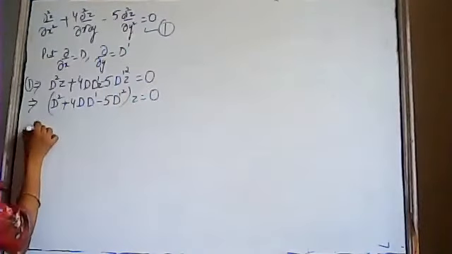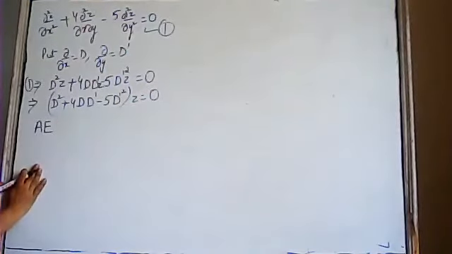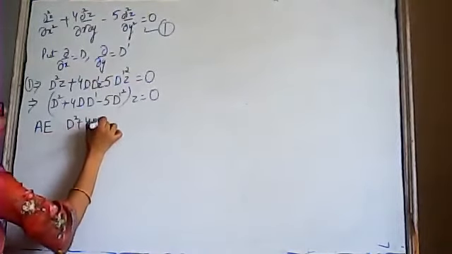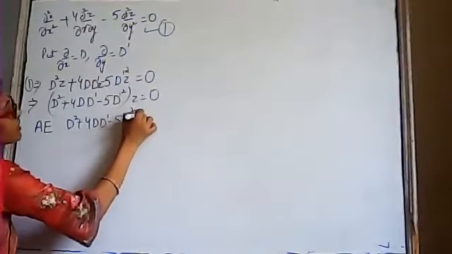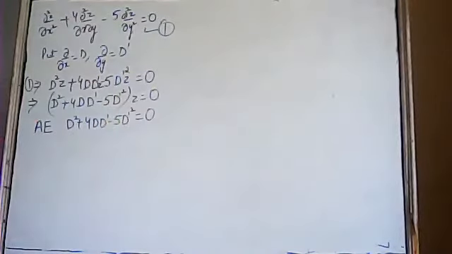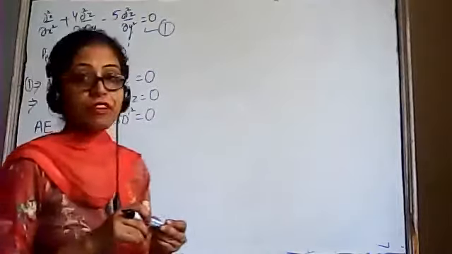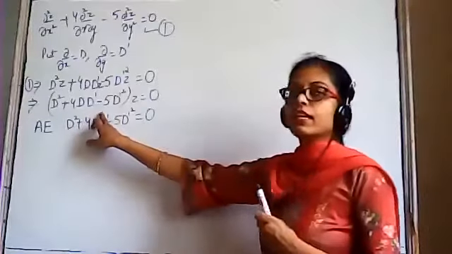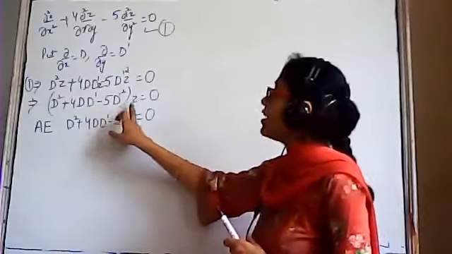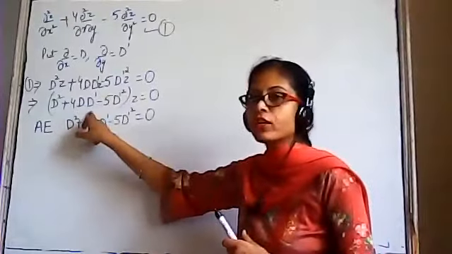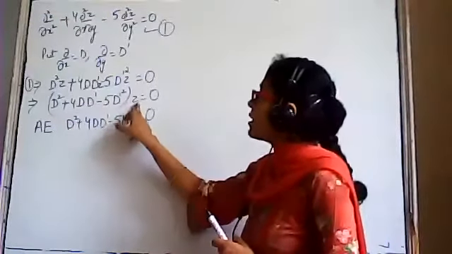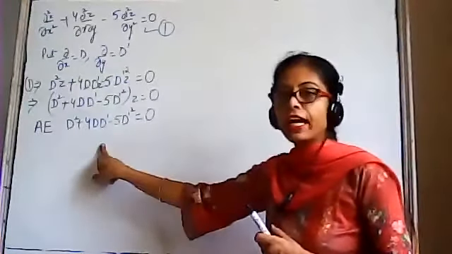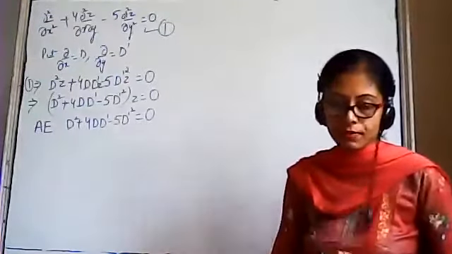From this equation, we get an equation known as the auxiliary equation. The auxiliary equation is D² + 4DD' − 5D'² = 0. You can also have the definition of auxiliary equation for 2 marks in your exams. Define auxiliary equation: when we equate the coefficient of z to 0, the equation so obtained is known as the auxiliary equation.